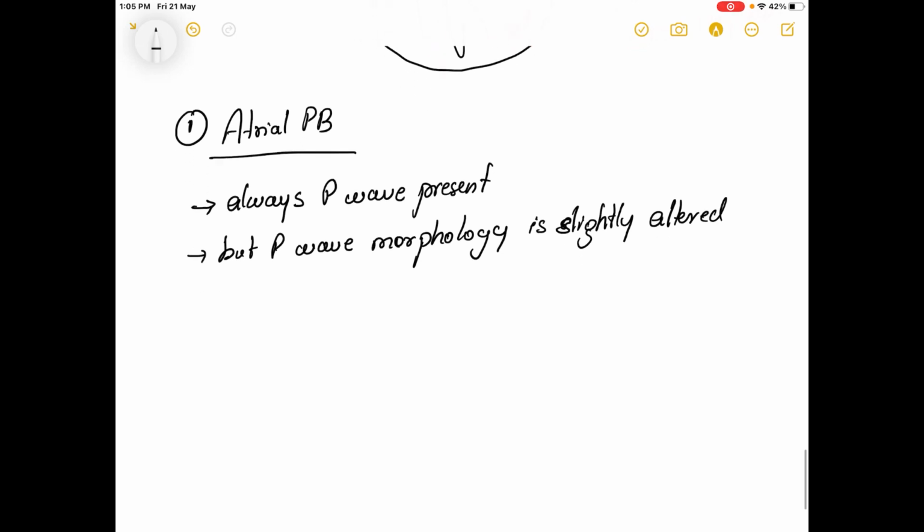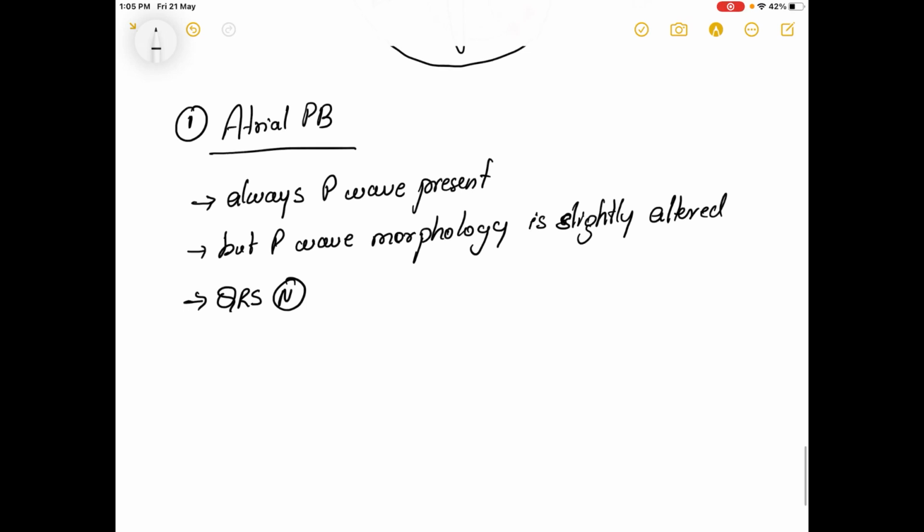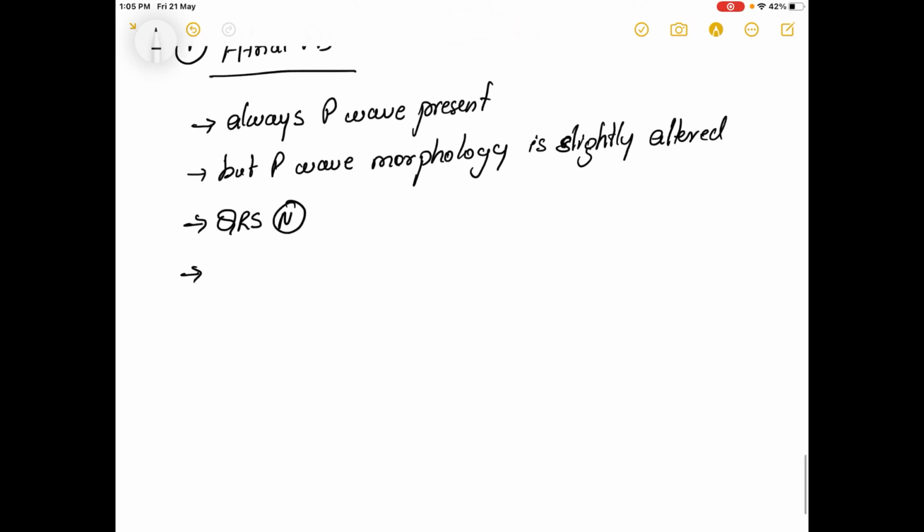Since this electrical activity from atria always passes through the AV node to the ventricle, ventricular contraction is normal, providing a normal QRS complex. Since there is no pathology in the AV node, the PR interval, which signifies the nodal conduction, is normal.